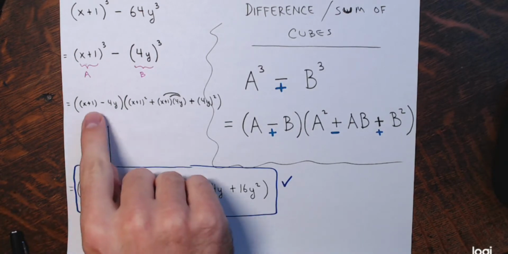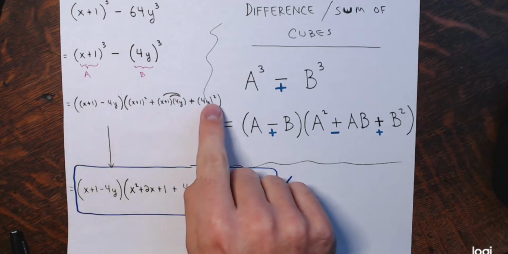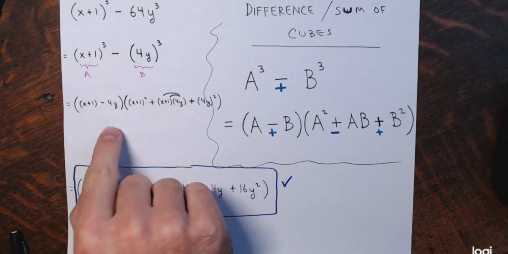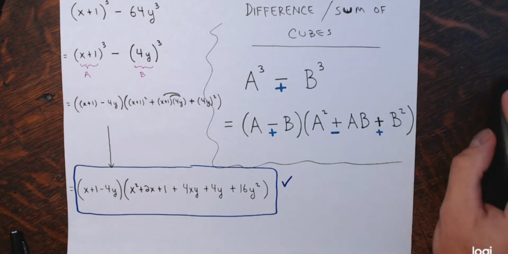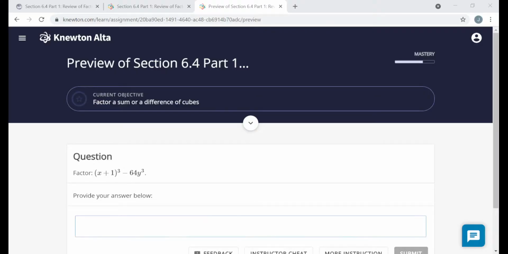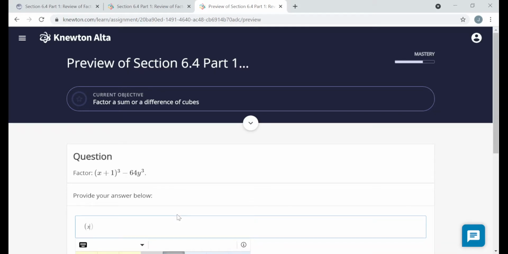Now, they might take it this way. We'll see in a second here when the answer explanations come up. But I'm going to type in this one just because everything's all simplified. All right, so the first factor, x plus 1 minus 4y.